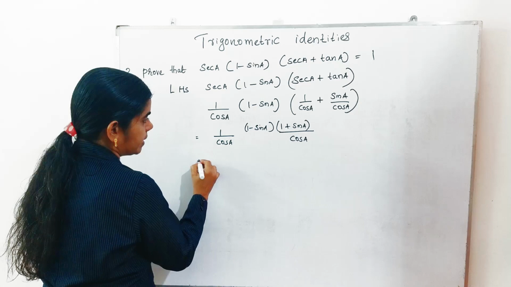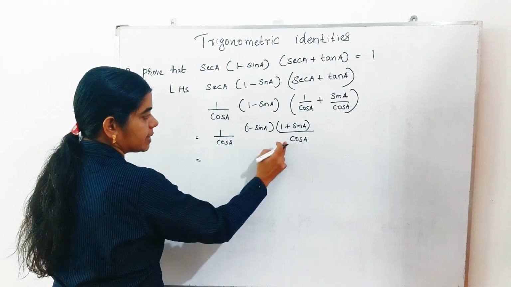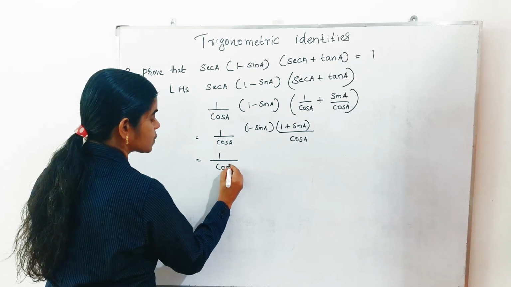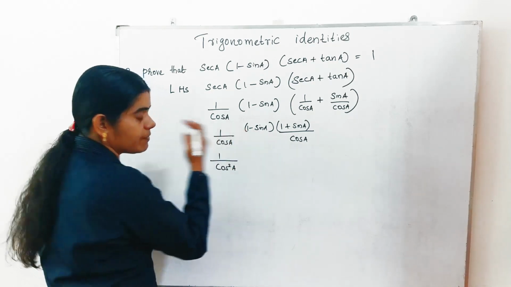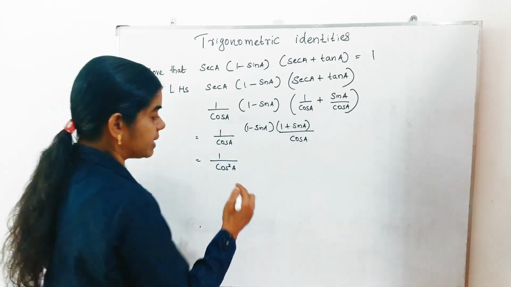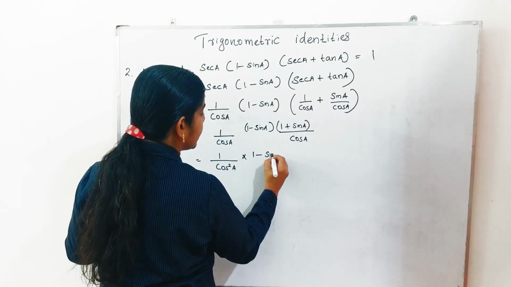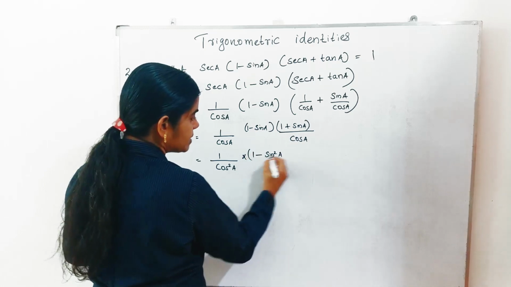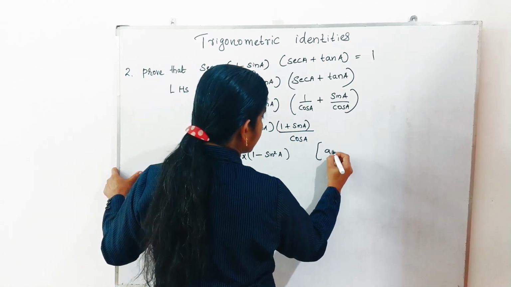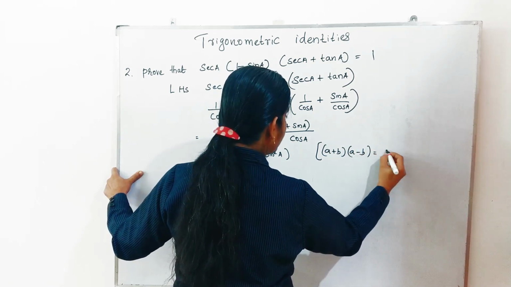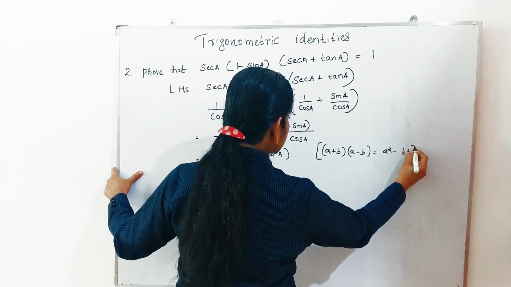Then this 1 by cos A, here the denominator also is cos A, so you can write it as 1 by cos square A. This will be 1 plus sin A into 1 minus sin A, that means 1 minus sin square A. The reason is A plus B into A minus B is equal to A square minus B square.